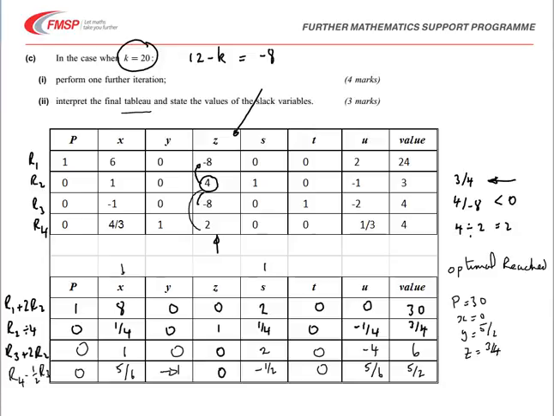For the slack variables, S is equal to 0, and U is equal to 0, but the T value, the 1, I've missed the 1 out there, that should be a 1, sorry, a slight mistake there, there should be a 1 in that position there, row 3, and so T is equal to... I've actually made a mistake as well in that value.